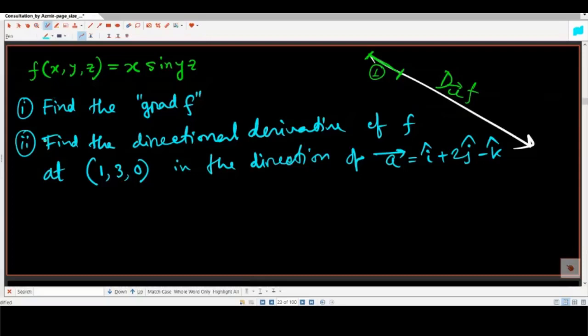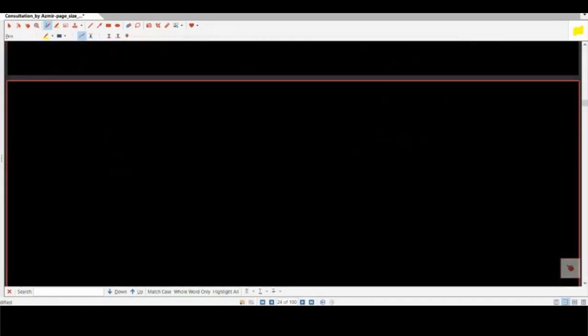So our target is to find the directional derivative, that is D_u f, which is equal to grad f dot u. So first we have to find the gradient of f, then we have to find the unit vector of this a vector, then we can take the dot product of these two. So let's find the gradient first.